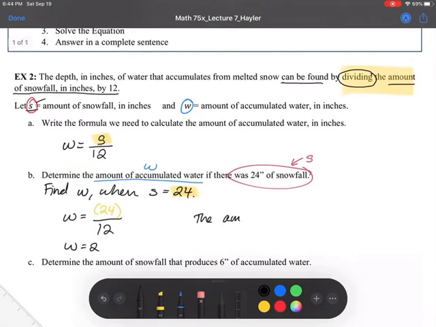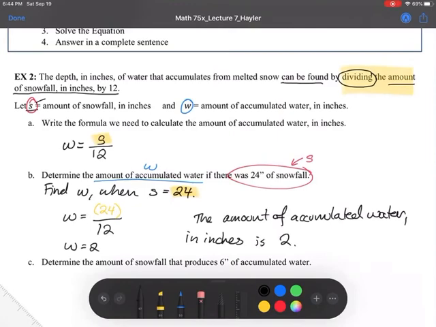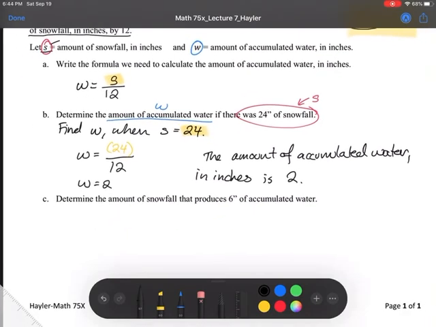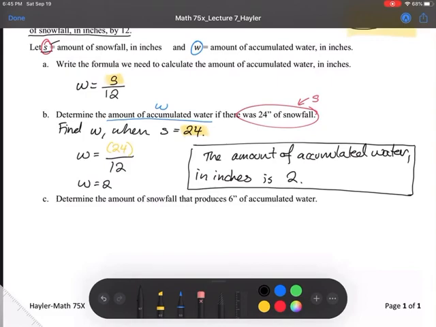The amount of accumulated water in inches is 2, period. Or you could say there are 2 inches of accumulated water. Different ways to write the sentences, as long as you get the main point across and you use the correct answer and your correct units. In this case, for our problem, the units is inches.